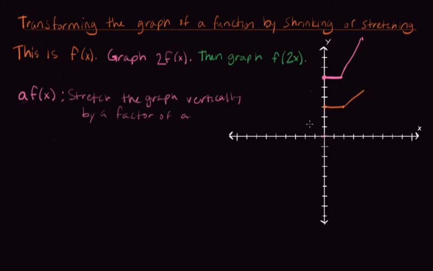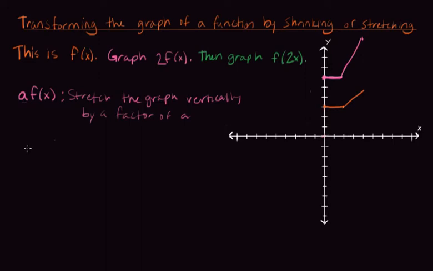Now, a horizontal stretch works a little bit differently. So you might remember that when we do a horizontal translation, everything is the opposite of what you think it would be. Well, the same thing is true for shrinking and stretching.